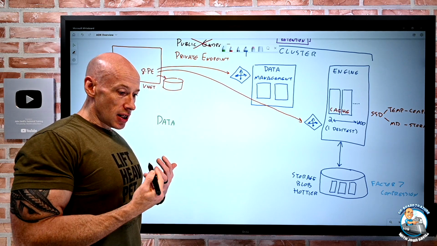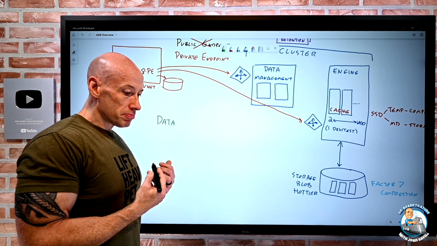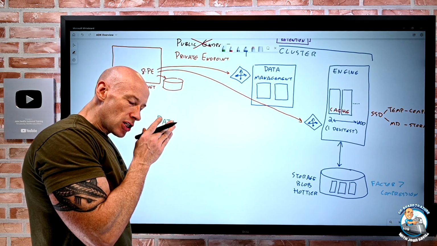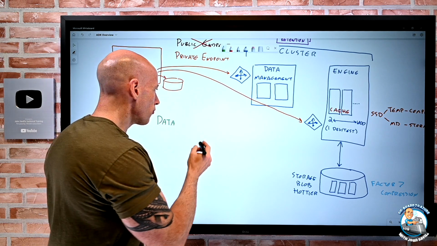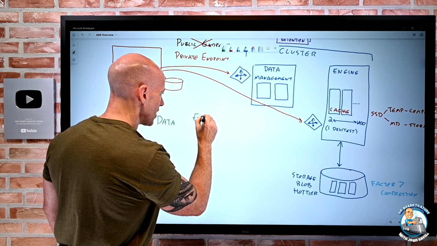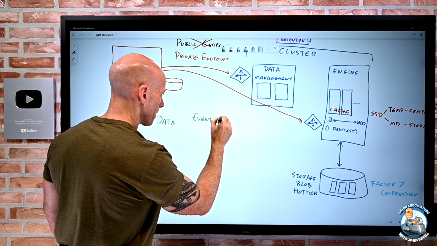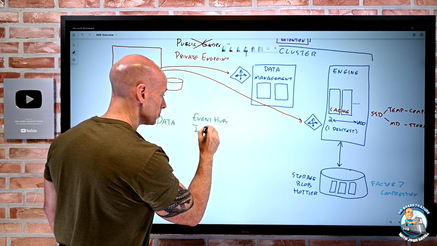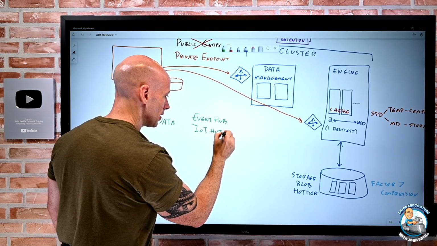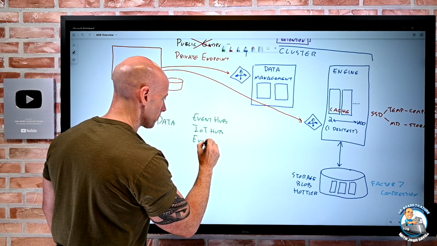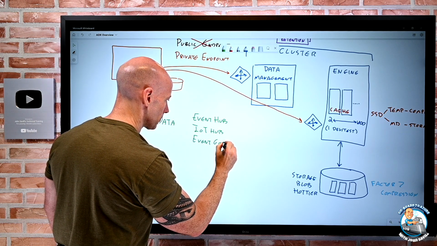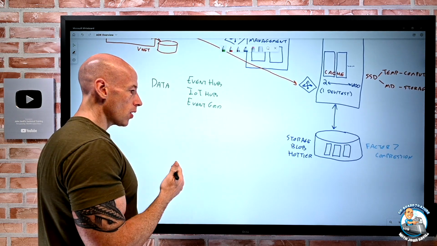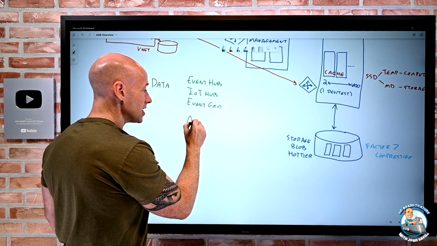Now, what am I ingesting from? Well, there's something called managed ingestion pipelines. So for example, this is going to work for things like Event Hub, this is going to work for IoT Hub, Event Grid. But I can also go and get ingestion from things like Azure Data Factory.